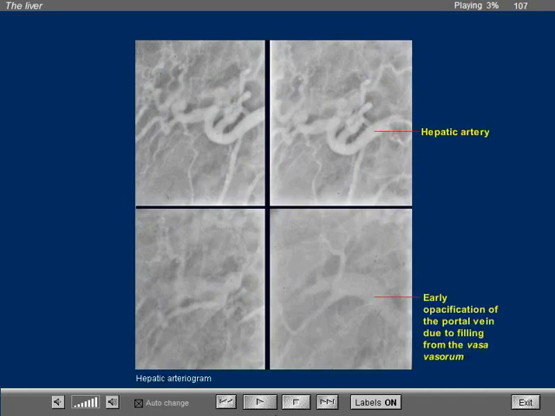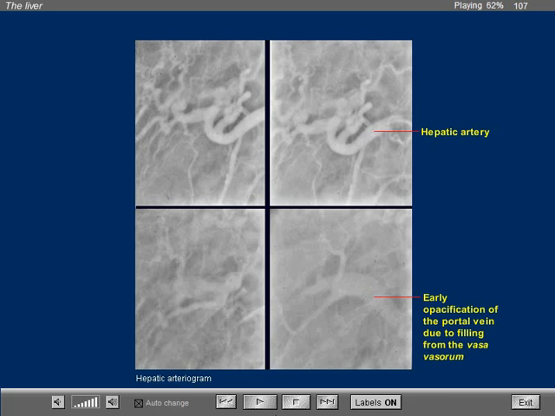This is a common hepatic arteriogram in a patient with cirrhosis and portal hypertension. Note that the hepatic artery is enlarged, not only close to the hilus, but within the liver. And note in the bottom images that early in the arterial phase, we see opacification of the portal vein. How can the portal vein become opacified? Either centrally by the expansion of the vasa vasorum, or peripherally by the communication between hepatic arterioles and portal venules.